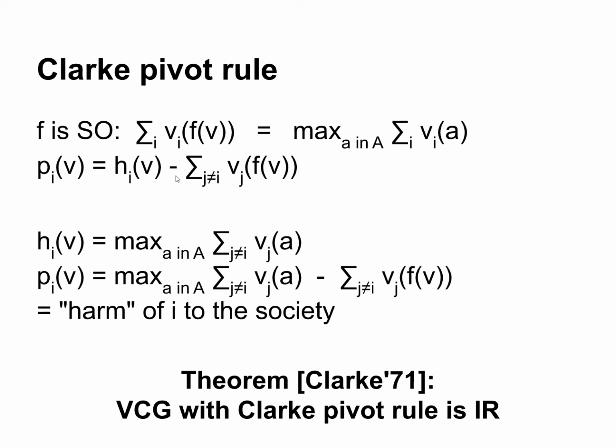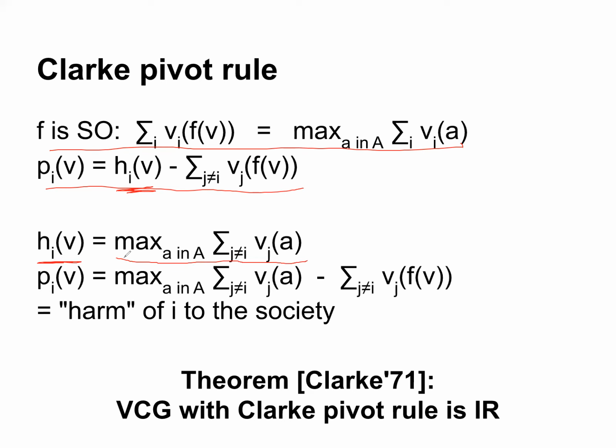So, in the Clarke pivot rule, you have a truthful mechanism. It's a VCG mechanism, so it optimizes the social welfare. It has this form of the payment, but the particular choice of this entry fee, of this function for user I, is this, and let's see what it is.